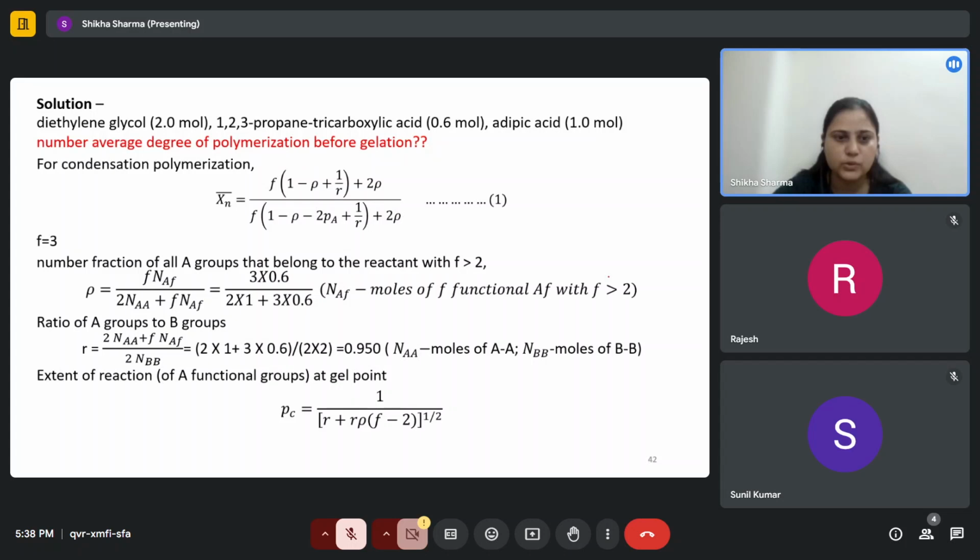Diethylene glycol, propane tricarboxylic acid and adipic acid go into a condensation reaction, and for a condensation polymerization the number average degree of polymerization is F multiplied by (1 minus rho plus 1 upon R), plus 2 rho, divided by the denominator F(1 minus rho) minus 2 PA plus 1 upon R, whole multiplied by F plus 2 rho, right? This formula is already in the textbook.